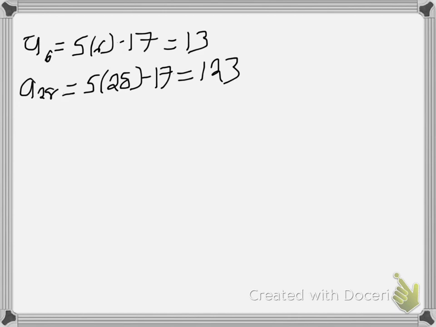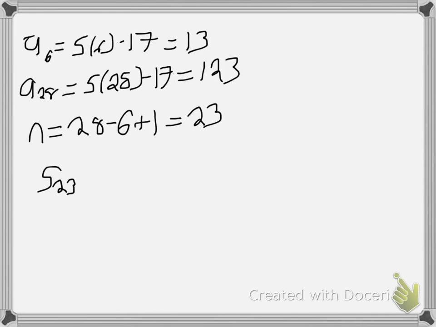All right, so what is n? N is 28 minus 6 plus 1. So 28 minus 6 is 22 plus 1, so there's 23 numbers here in this sequence. So S of 23 is going to be 23 divided by 2 times 13 plus 123.